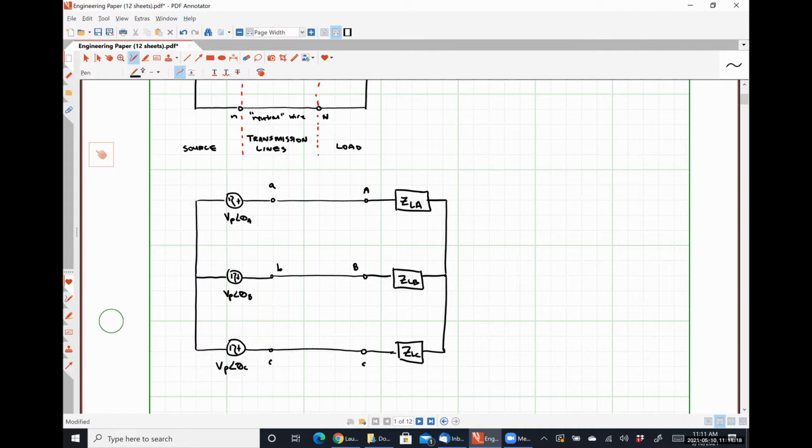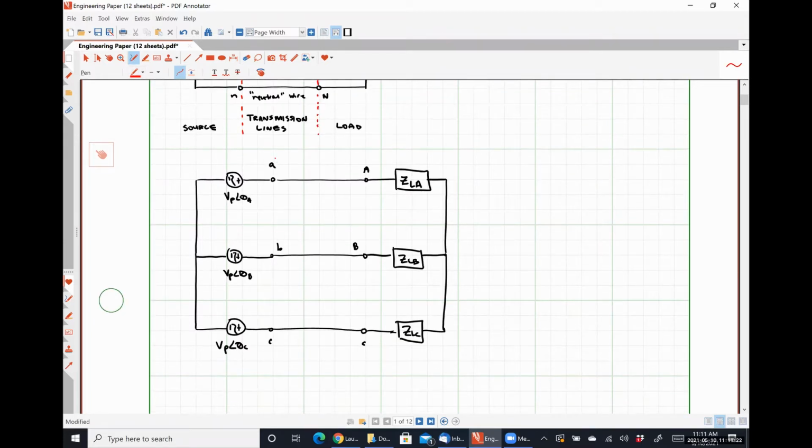And we can subdivide this circuit into 3 parts as well. So we have our source, our transmission lines, and our load.